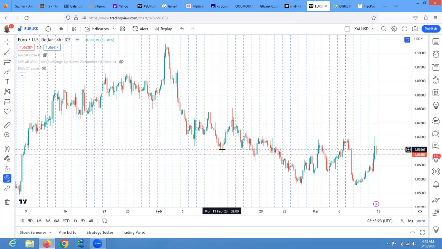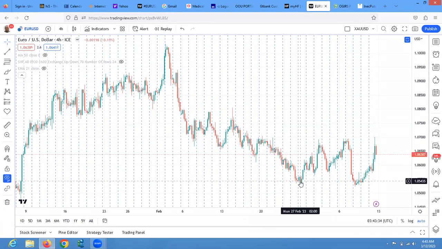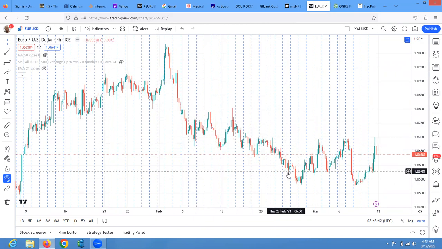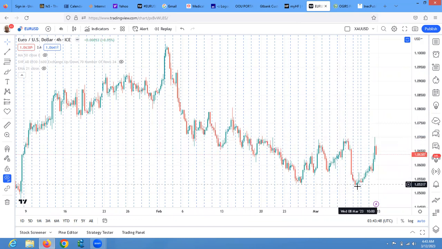Then you will have this correction, this move to the upside, and the price began to fall to finish the 3rd wave. I believe this is the 3rd wave of this run, the 1st, the 2nd, and the 3rd wave. And this may now be wave 4, and wave 5 may have ended here.